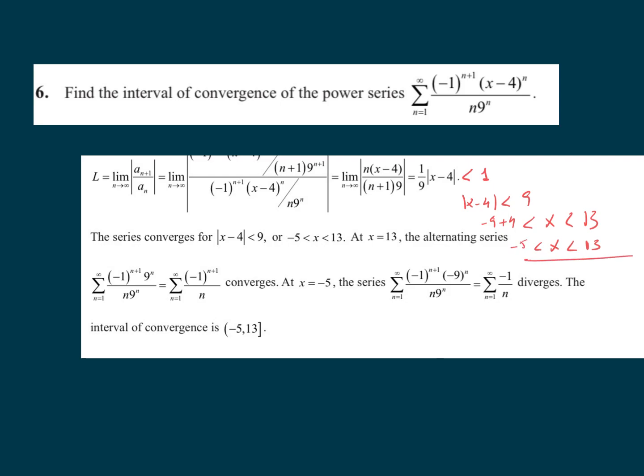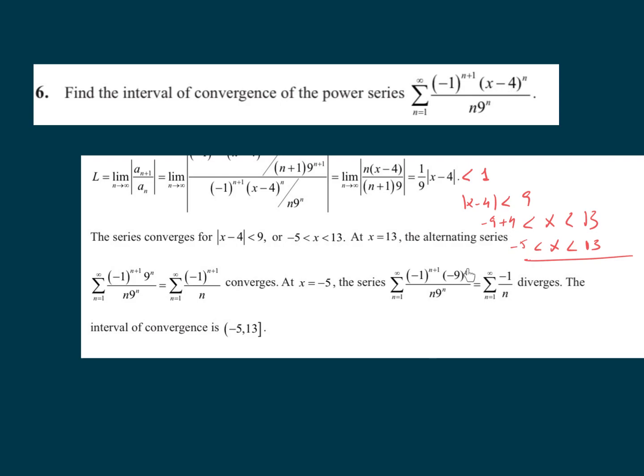Okay, now what happens at the endpoints? What happens at 13 and what happens at x equal minus 5? Converge or diverge? Inside this interval, it converges. But at the endpoints, I don't know what is happening, so we have to do it manually. So we plug in x equal minus 5. Minus 5 minus 4 is minus 9.